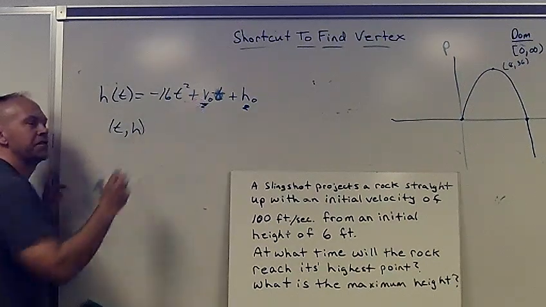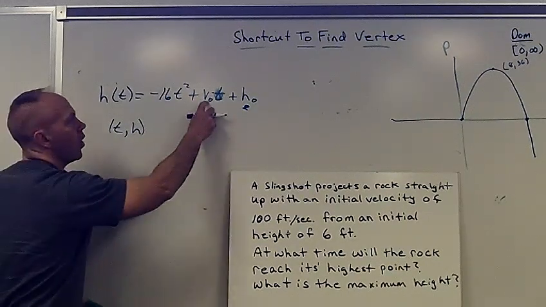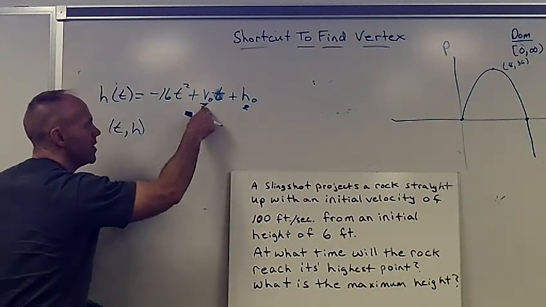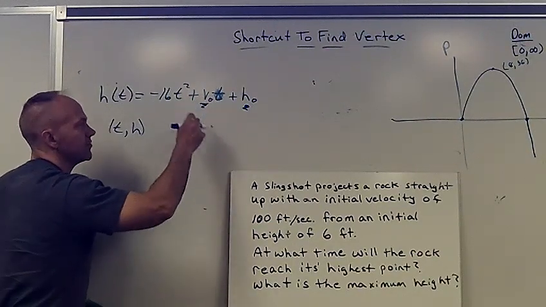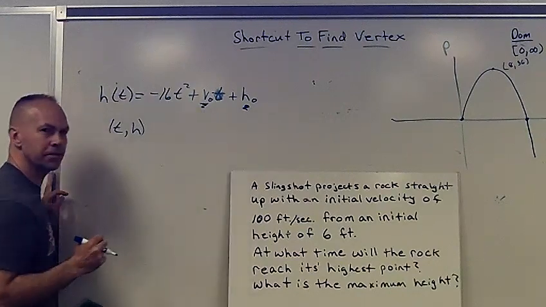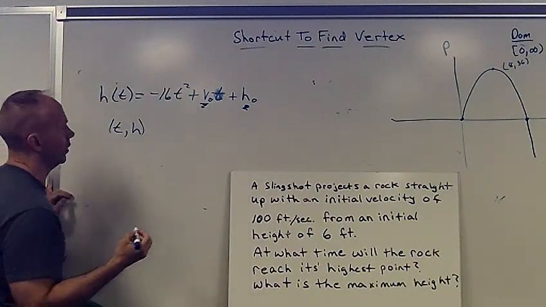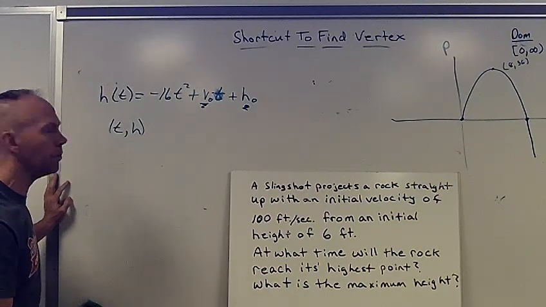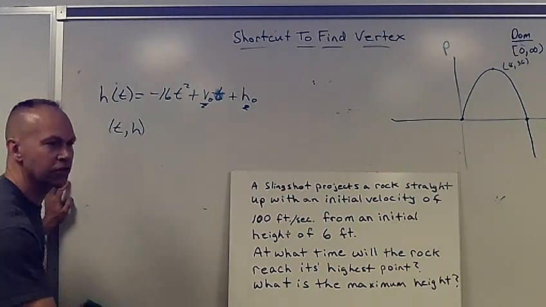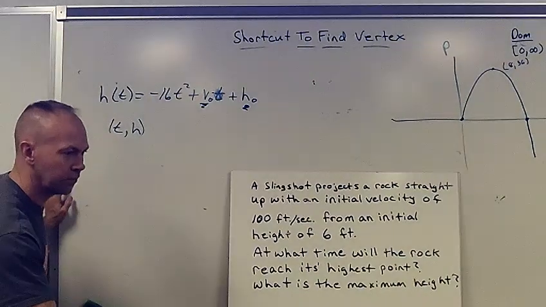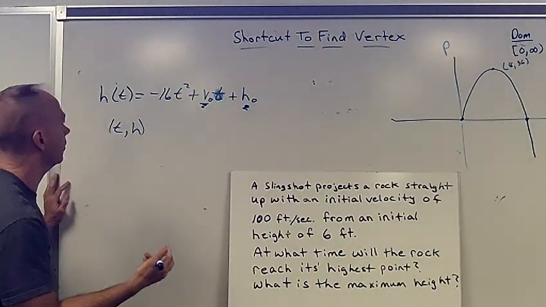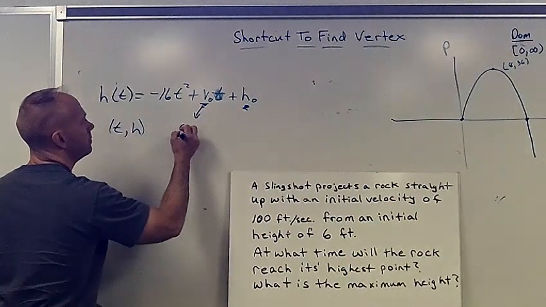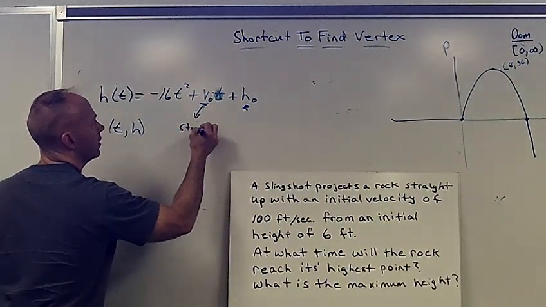This v sub naught, the V stands for velocity, and the sub-zero stands for initial or starting. Whatever this object is that's being projected upwards, that's the starting velocity, the velocity at which it's thrown or kicked upwards. So v sub naught represents my starting velocity.